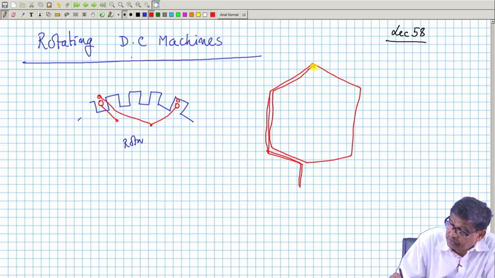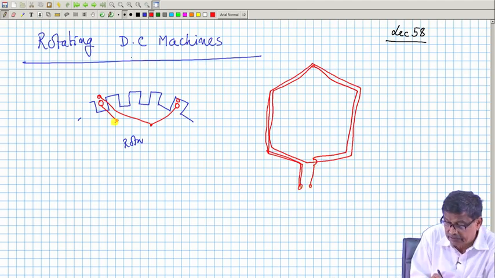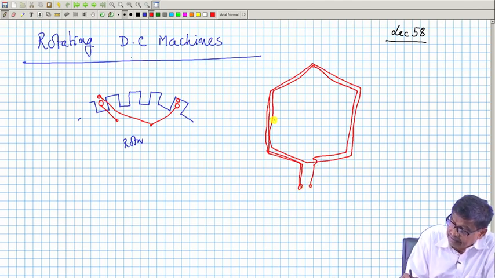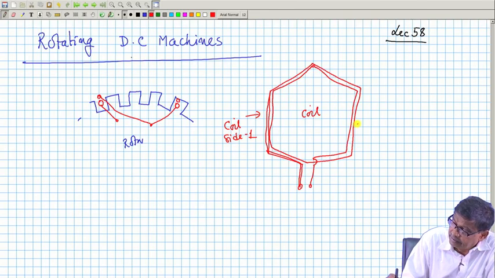It is a two-turn coil. Two terminals will be there, and this is a coil, and this coil has two sides. This is coil side 1, and this is coil side 2.